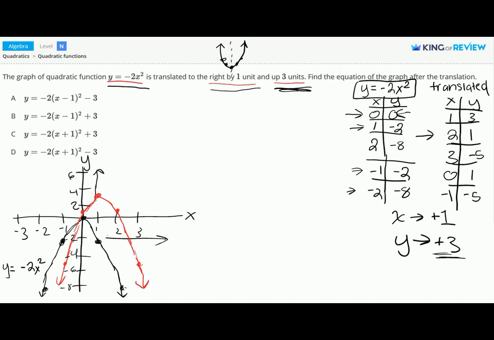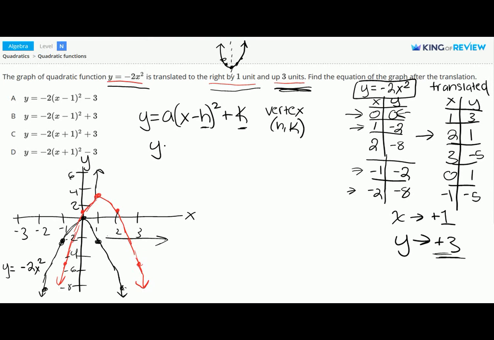We can have an equation of a parabola in this form. y equals a times x minus h squared plus k. When we have a parabola in this form, h, k here represents the vertex. So the vertex is at the point h, k. So let's look at our parent function.